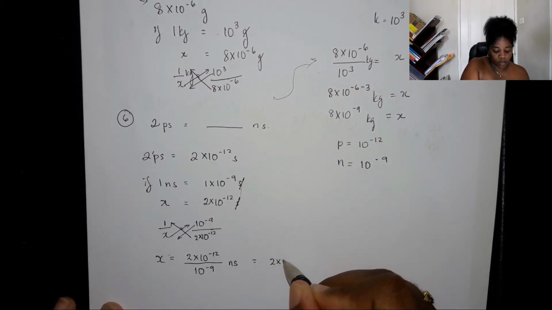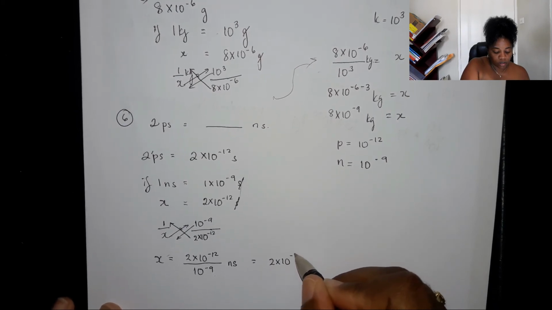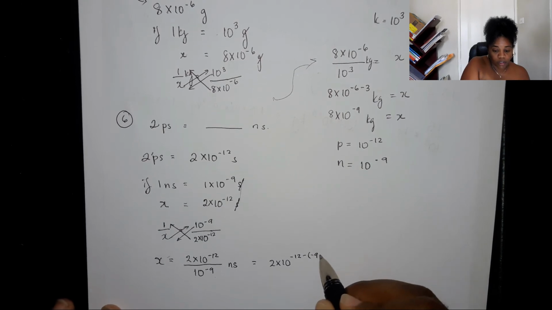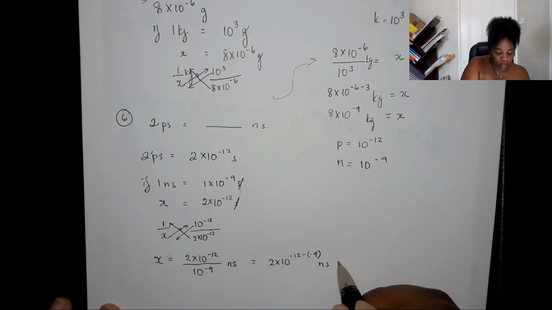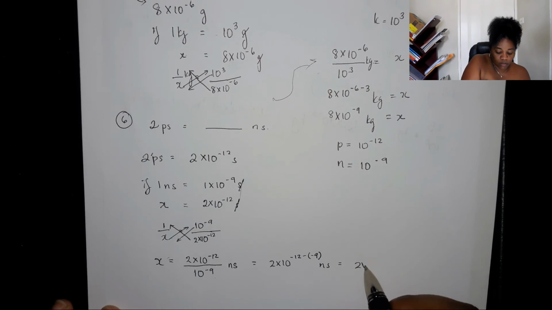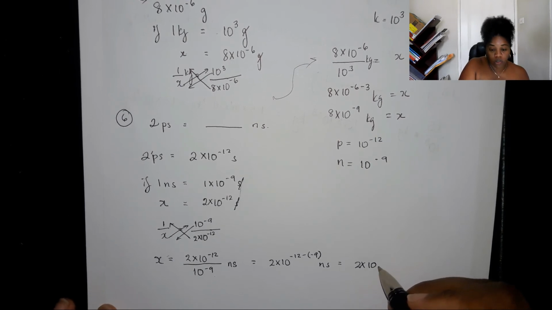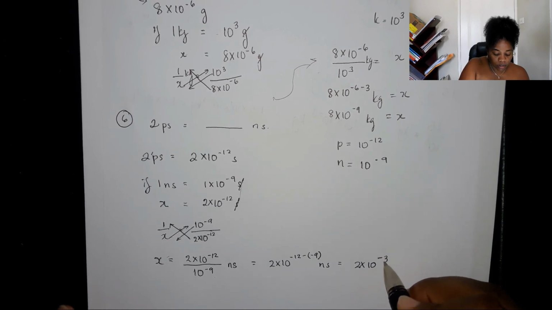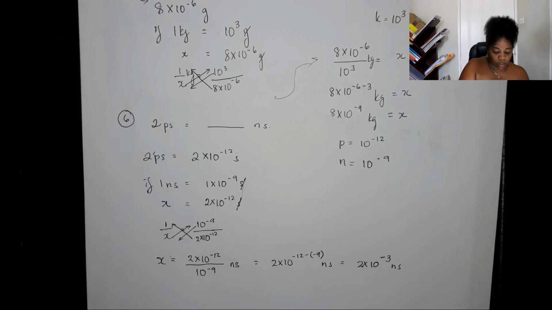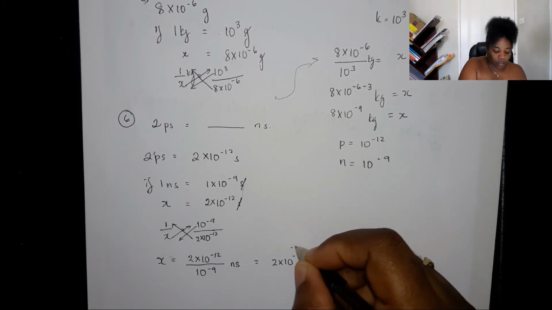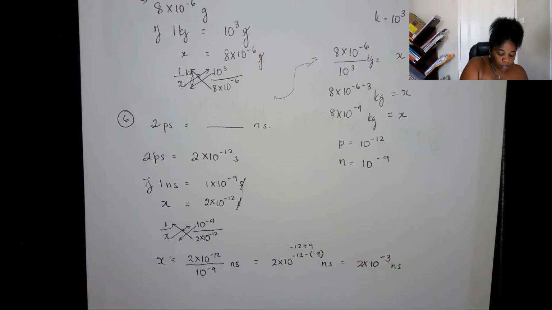And so it's going to be 2 times 10 to the negative 12 minus 9 nanoseconds. And that will give us 2 times 10 to the negative 12 plus 9. So 9, 10, 11, 12. So negative 3 nanoseconds. Yay! Okay? Remember this is minus 12 plus 9.